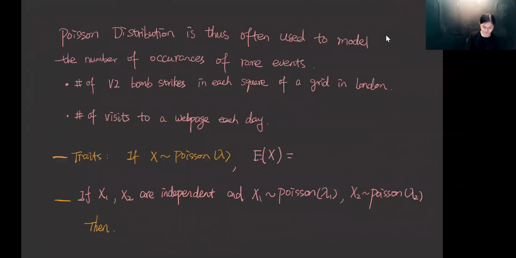And coincidentally, lambda is also the variance of the Poisson distribution. So for Poisson lambda distribution, both the expectation and the variance are the same and they are equal to lambda.